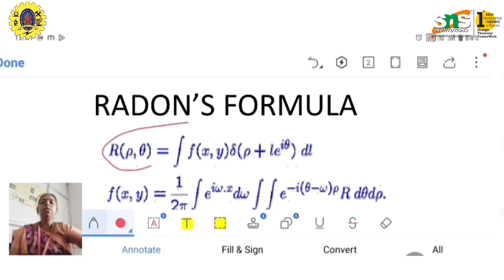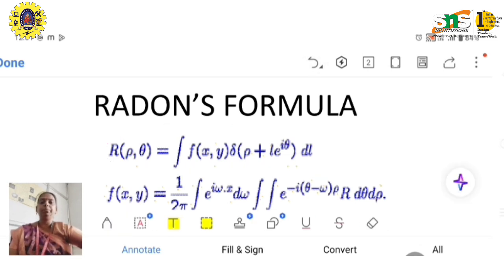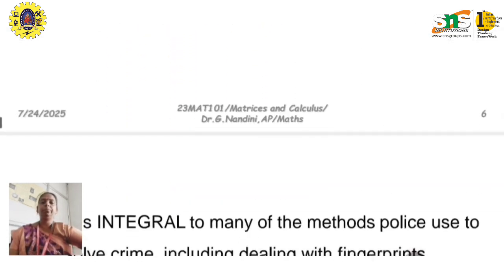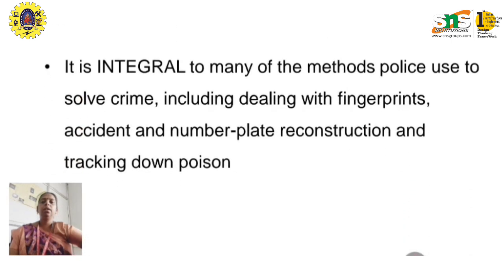So this Radon formula plays a very important role in forensics math. It is integral to many of the methods police use to solve crime, including dealing with fingerprints, accident and number plate reconstruction, and tracking positions.